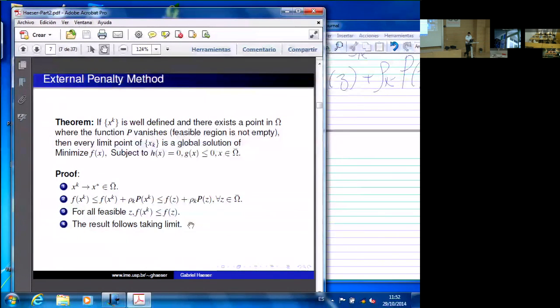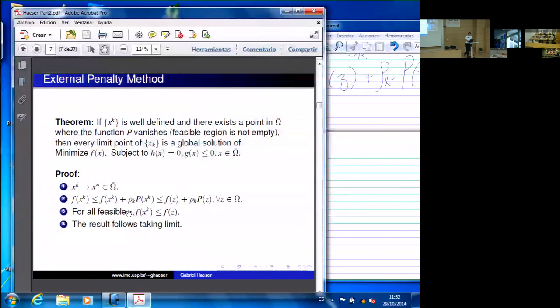Okay? So I shall look at what happens if I choose z, not only belonging to omega bar, feasible for the subproblem, but also feasible for the original problem. So let's only look at feasible points z for the original problem.